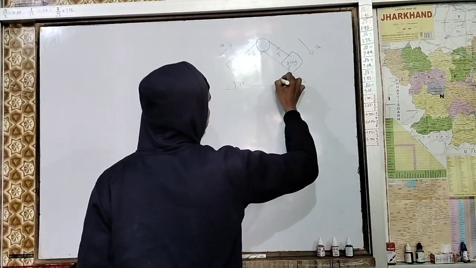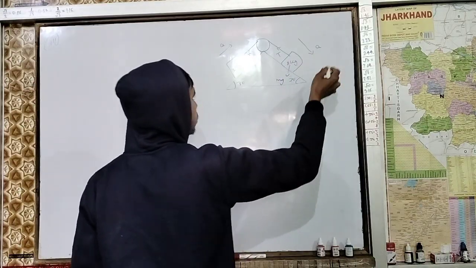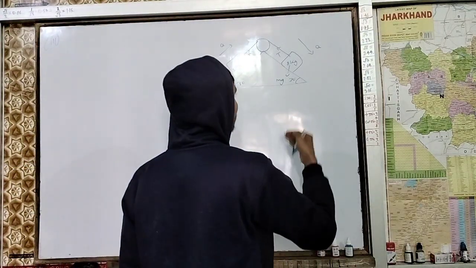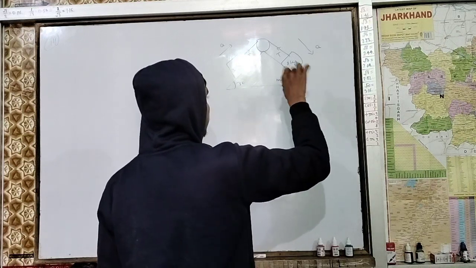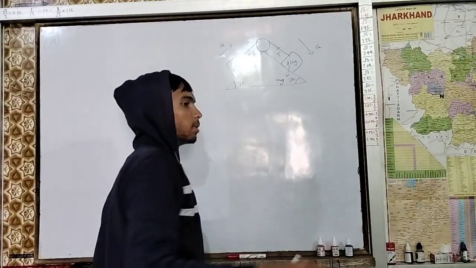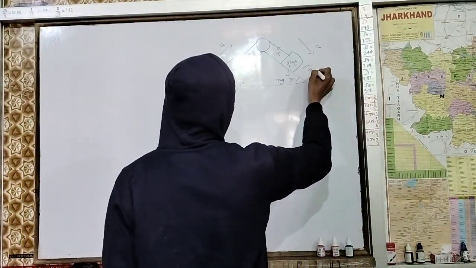Now, according to this data, what can we find? mg component will be like this: mg sin 30. m is 8, 8 multiplied by 10, 80, and 80 by 2, 40. So over here we have 40 Newton.